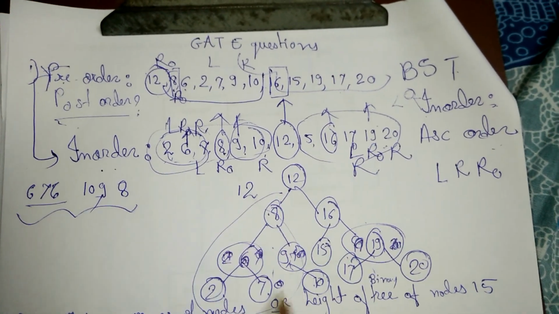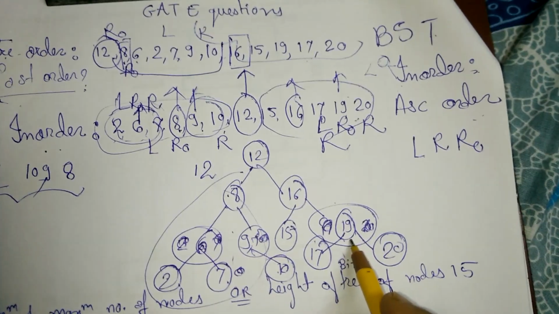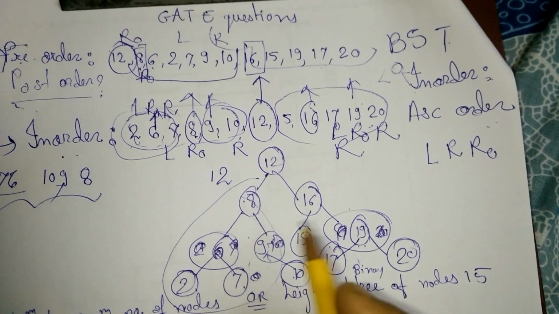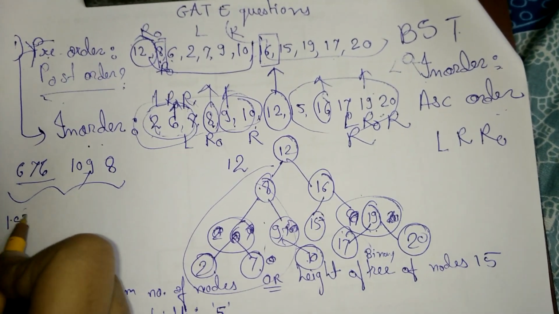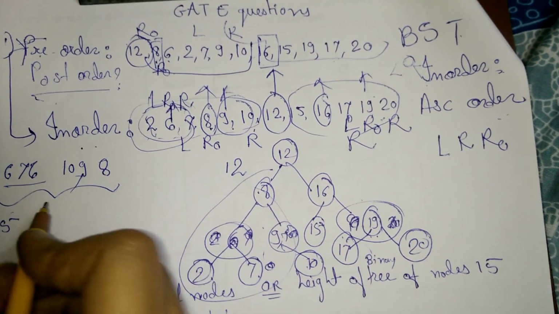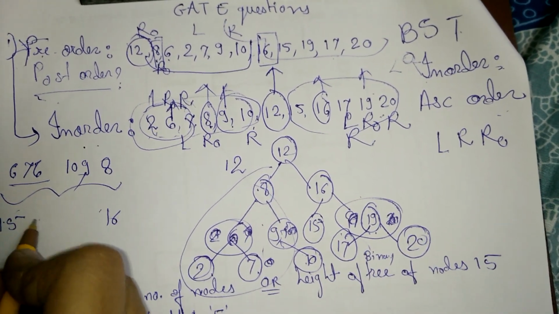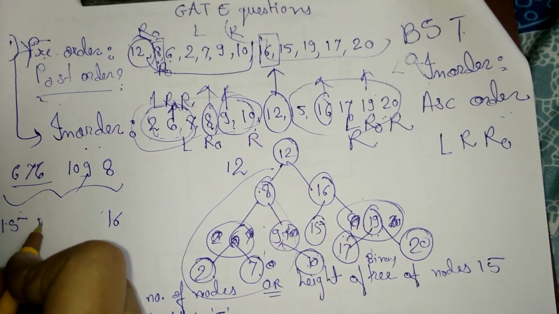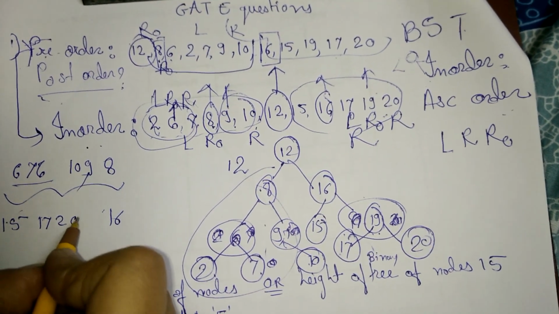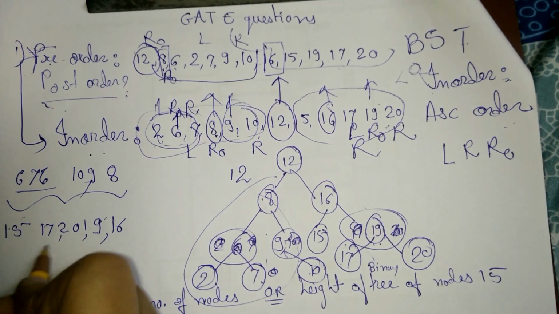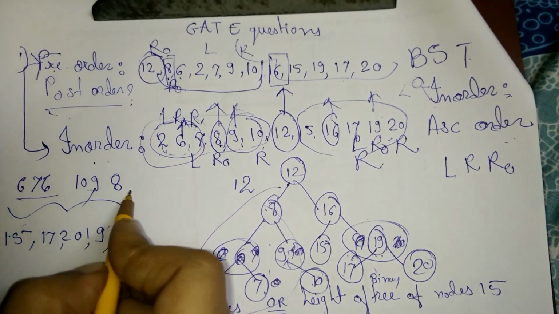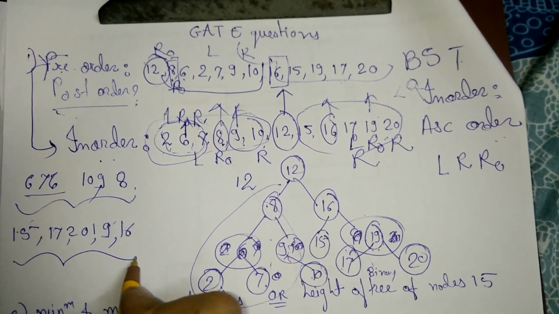This is my left subtree. Then I will go to the right side. Again on the right side I follow the same sequence, that is go to the left, then to the right, and to the right I have left, right and root, and 16 is again the root. Now this is my left subtree and this is my right subtree.